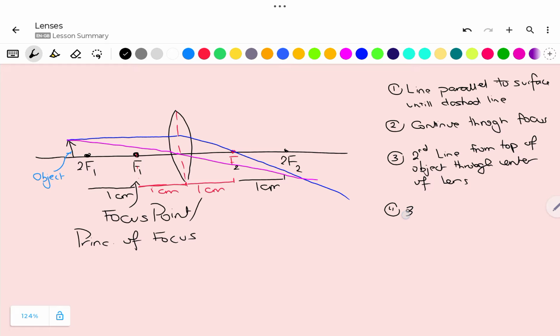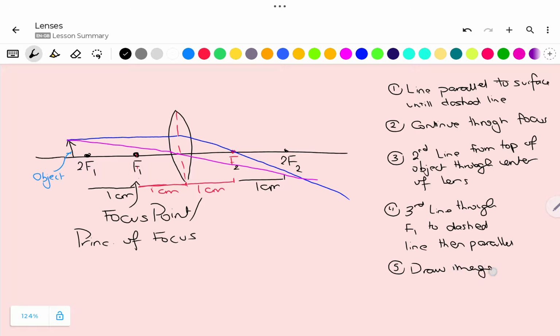So third line through focus, F1, to dashed line, just the opposite of what we did in the first line. Then parallel. Easy? And finally, draw your image.